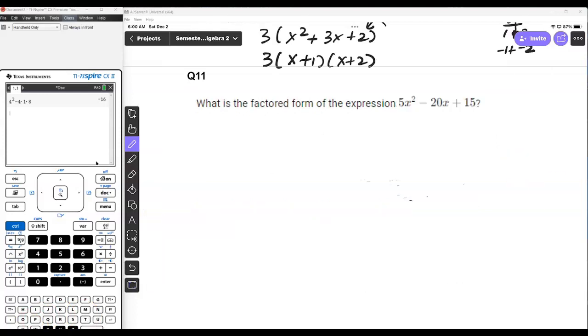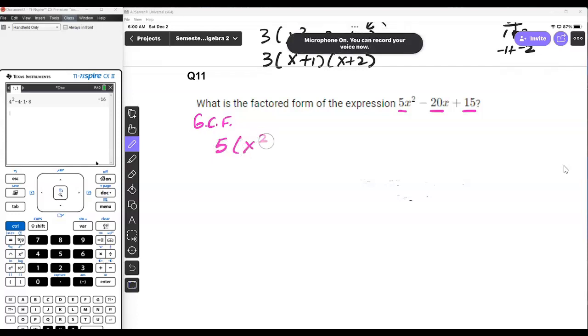What is the factored form of the expression 5x squared minus 20x plus 15? So you first have to look for the greatest common factor. So what number goes into 5, what number goes into 20, what number goes into 15? So you know that 5 is the greatest common factor, so you have x squared minus 4x plus 3.